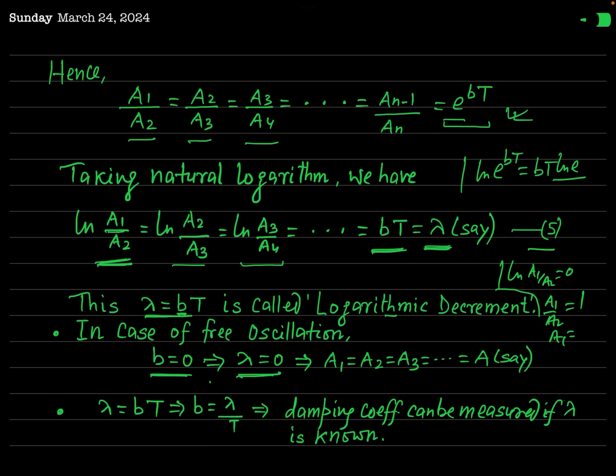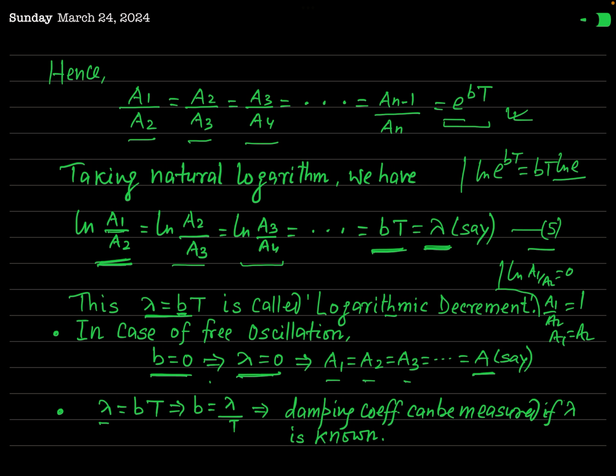And so a1 is equal to a2. So in the case of free oscillation, a1, a2, a3 and so on, all are equal. And so we simply say that the amplitude of oscillation of a free oscillator is fixed and it is equal to a.